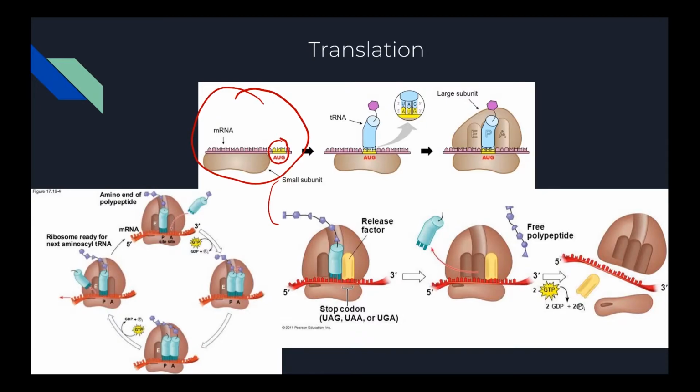Every mRNA template is going to start with AUG. AUG is going to bring in that methionine, which is the first codon, and that will bind to the A site on the large subunit over here, and then get taken over to the P site. And from there, we're then able to bring in more nucleotides and begin the whole process.